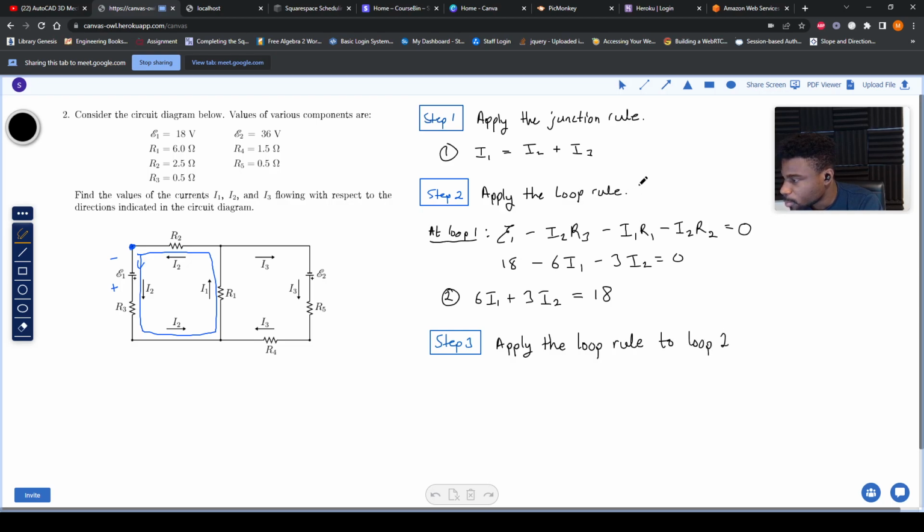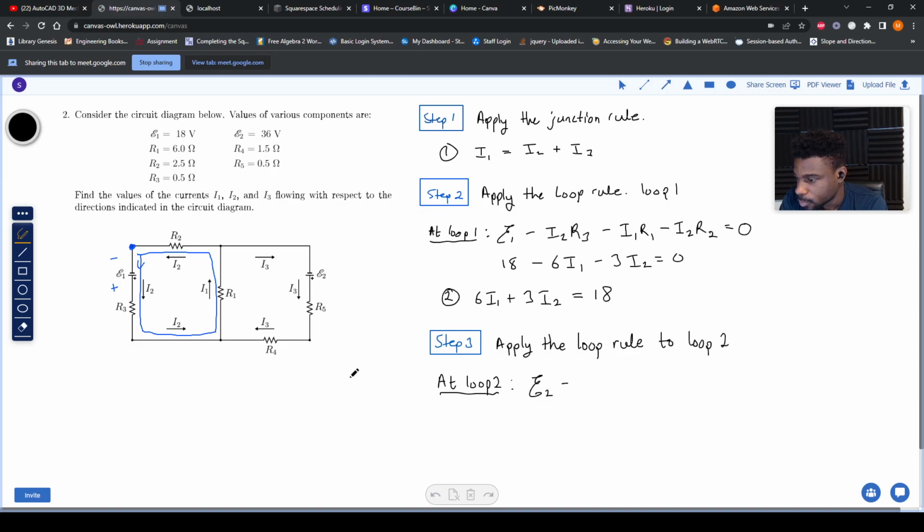Over here we applied it to loop 1. Here we're applying it to loop 2. Can you help me set up the equation for loop 2? The battery is 36 volts. It's going counterclockwise, so it hits the first voltage drop at I3 times R5. Now is it going to be positive or negative?